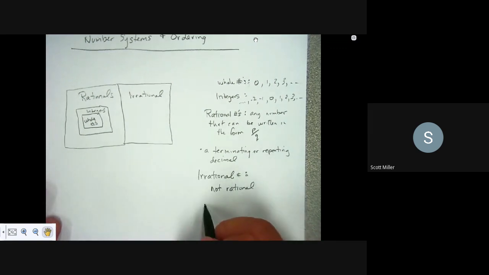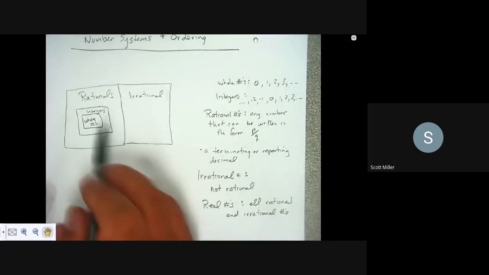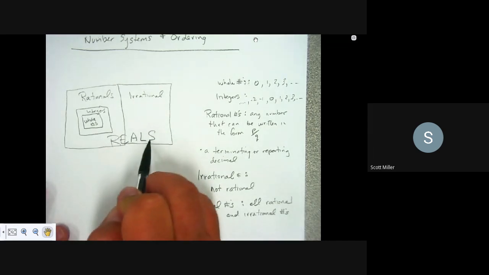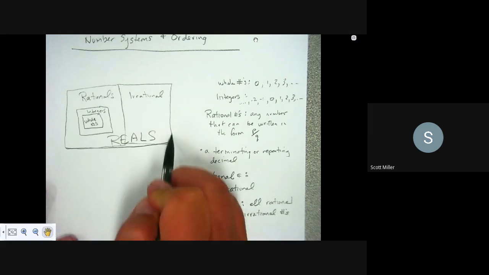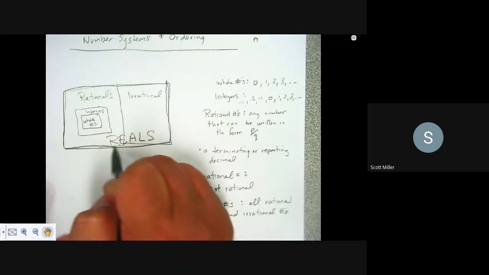Which leads me to the next group that we use, which is called the reals. Real numbers are all rational and irrational numbers. So in other words, both of these together are the reals. Both sets, all of these numbers, anything that can fit into this box is a real number.